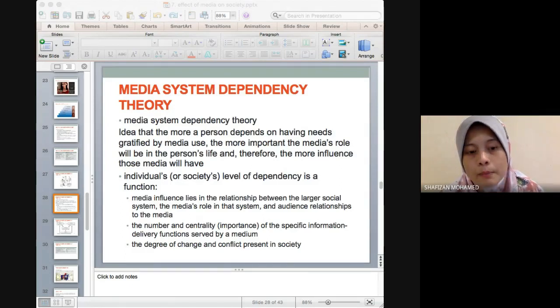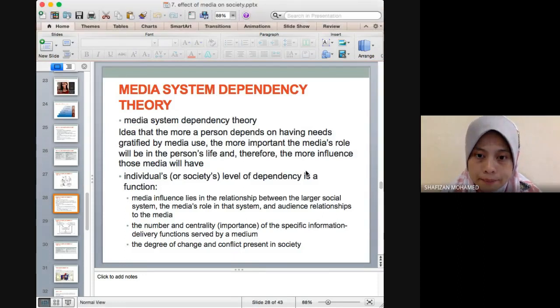Can you follow? And because of this push, some of the students, for example, in Sabah had to climb up a tree to get the connection. Because the social system has pushed all of you to become more dependent on the media. And it depends on the number and centrality of the specific information delivery functions served by a medium.